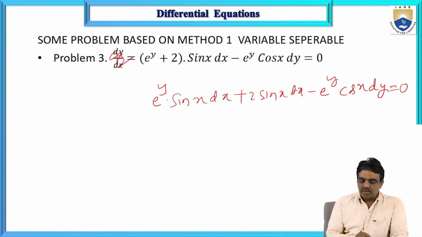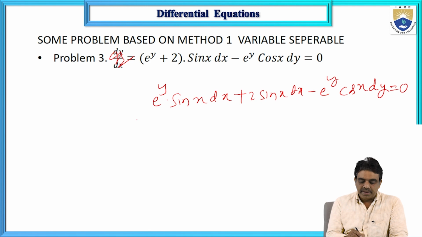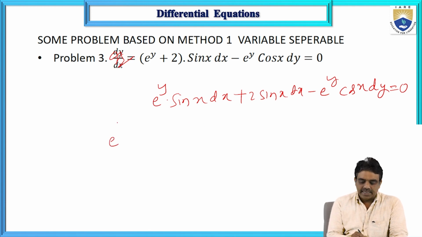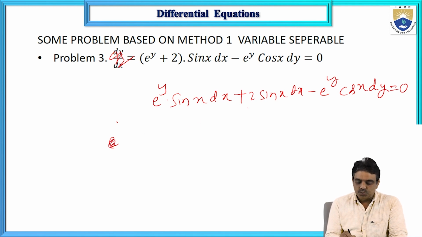Then what will be here on separating the variables? How can I separate the variables? E power y I can take outside, and sin x on taking outside.